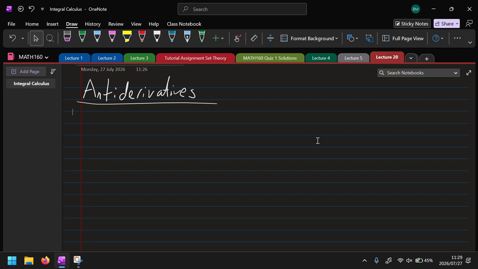So the antiderivative, what is that? How do we use it? Consider the following chain of functions. We start with the function f. From f, we can get f prime by doing the derivative, d by dx. If I give you f, you can give me f prime.